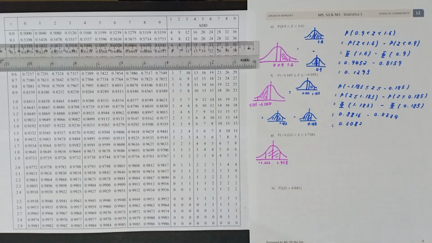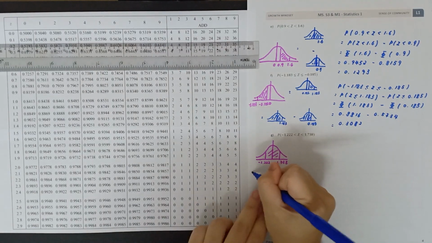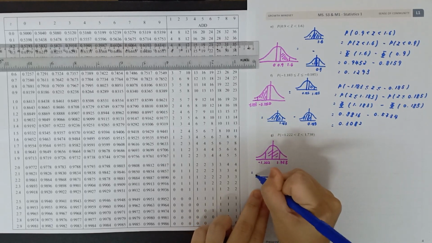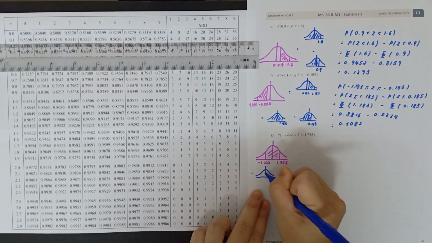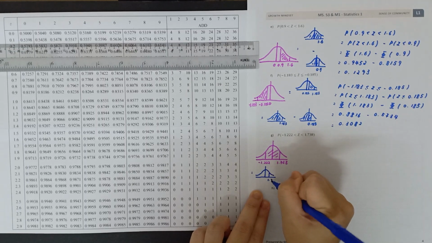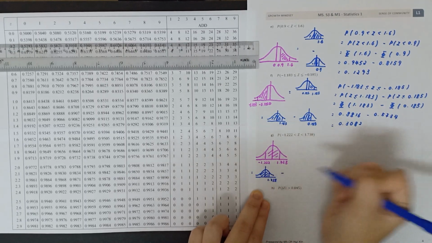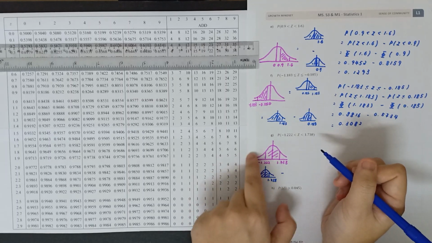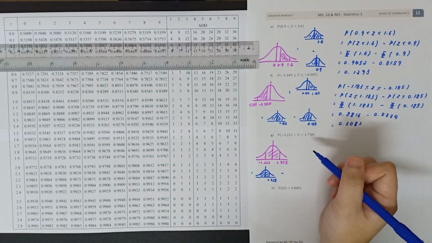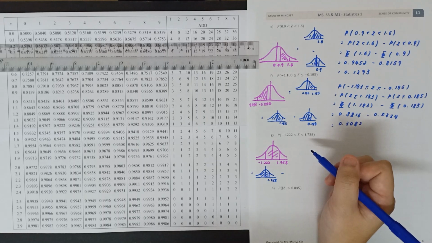Maybe you can try to write down first the thing that you already can do. I'm going to use the probability that is lesser than 1.738, which is the whole thing here. I'm going to minus, how am I finding the small region here? You see, I'm going to do reflection again.